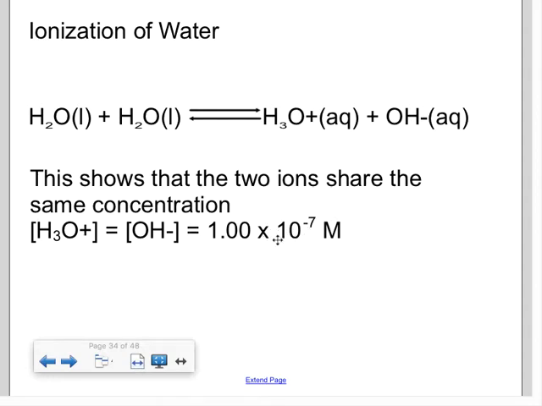So when you see times 10 to the negative 7, assume pH 7, which is neutral. Anything below 7 is acidic, and anything above 7, like times 10 to the negative 10, would be considered basic.